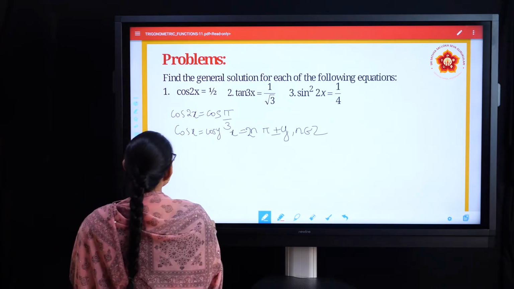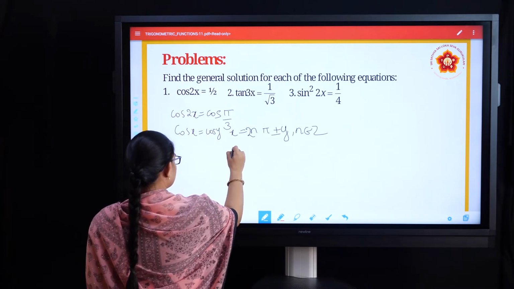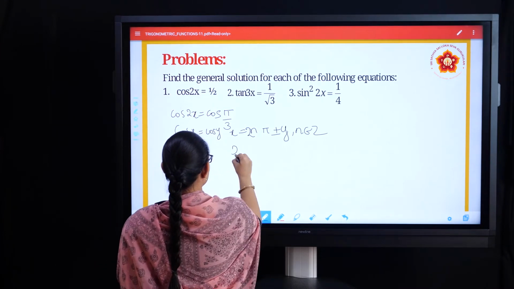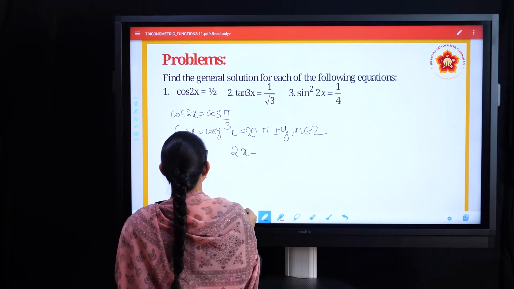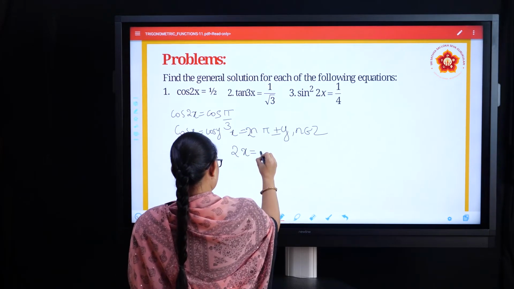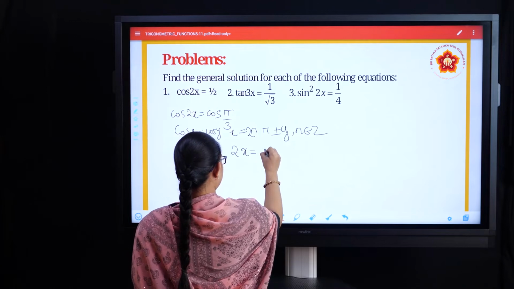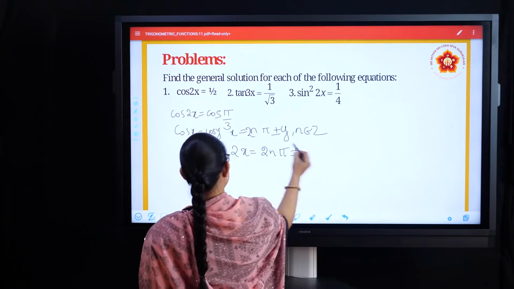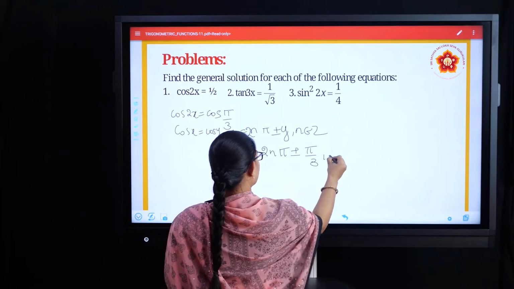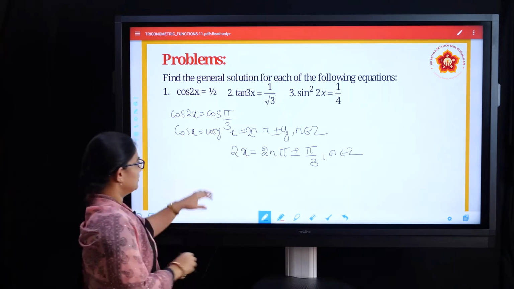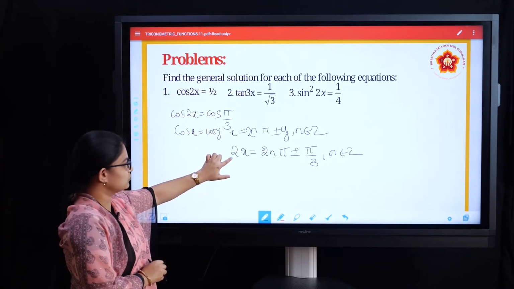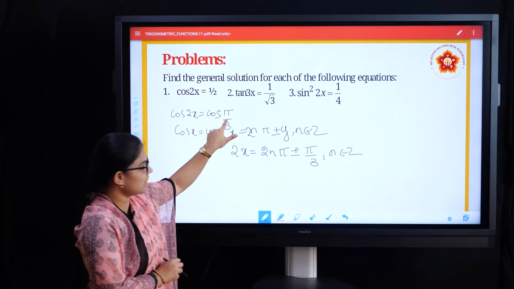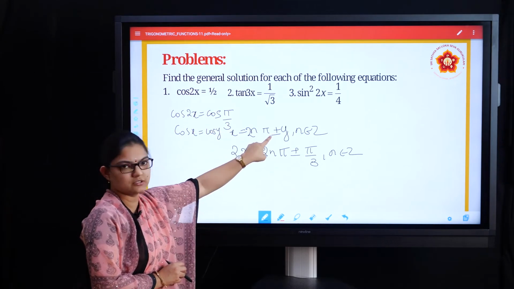So 2x is equal to 2n pi plus or minus y, where y is pi by 3, for n belongs to Z. We are just substituting 2x in place of x, because here you have the angle to be 2x and y as pi by 3 in the general solution.